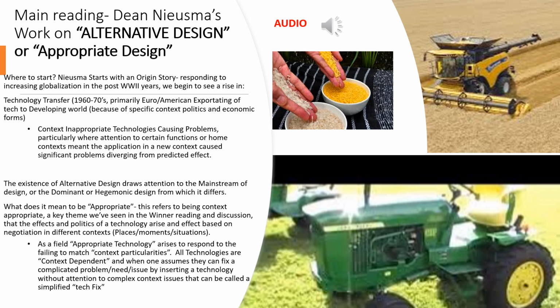And it turned out that in many cases, the versions of technologies that were being sent places did not manage to do the job. The nature of that conflict between technology transfer points and the context to which the technologies were sent was an ongoing issue.